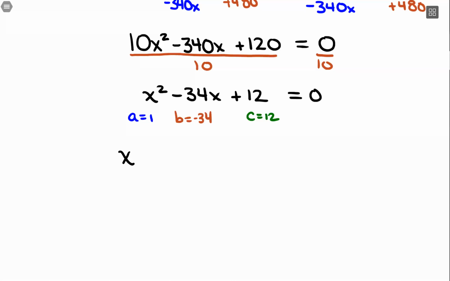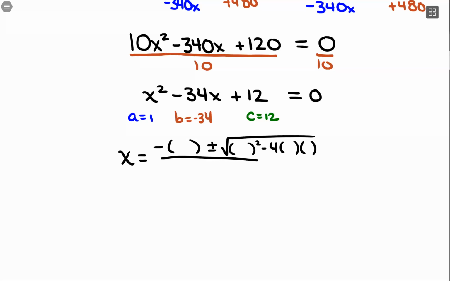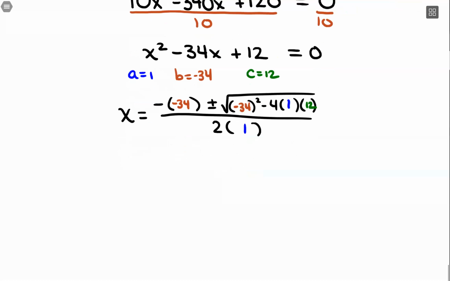So we're going to have x equals negative b plus or minus the square root of b squared minus 4ac all over 2a. We're going to plug in a, b, and c. And then we'll solve.